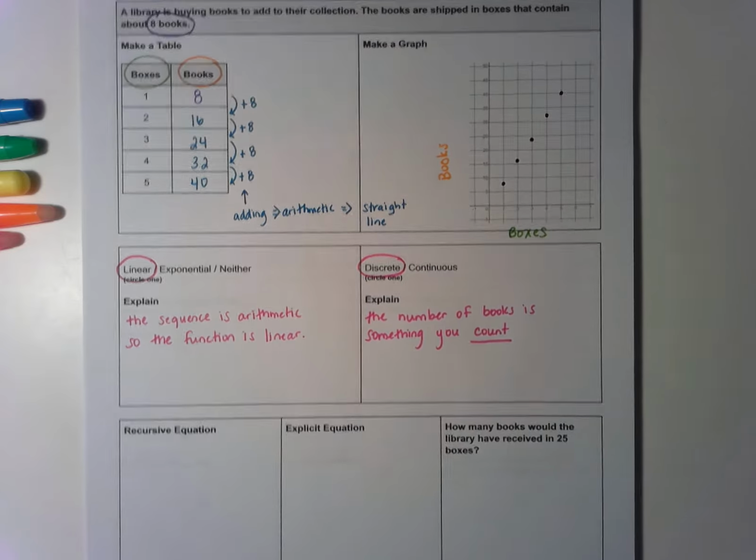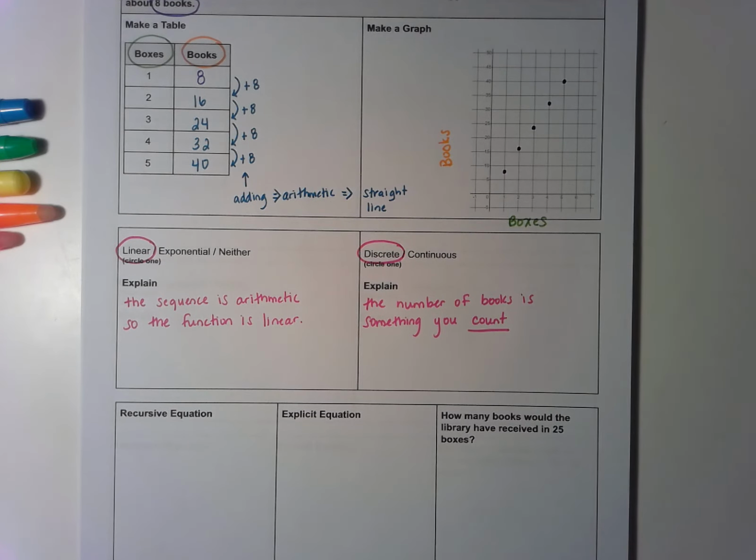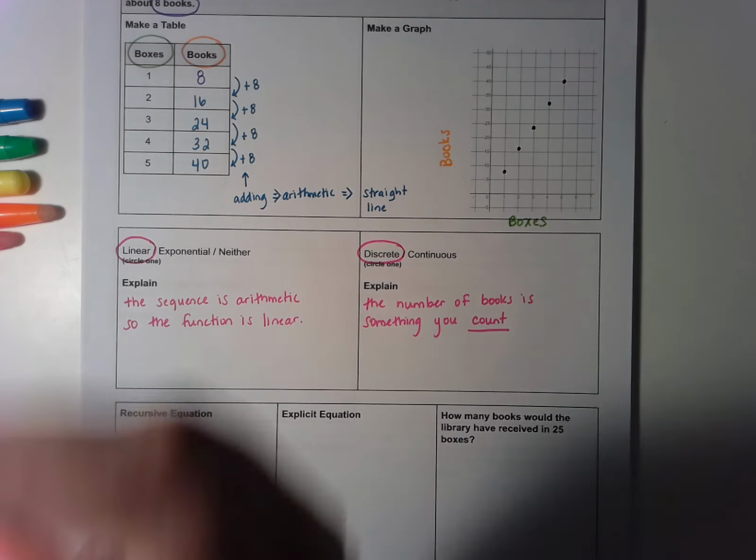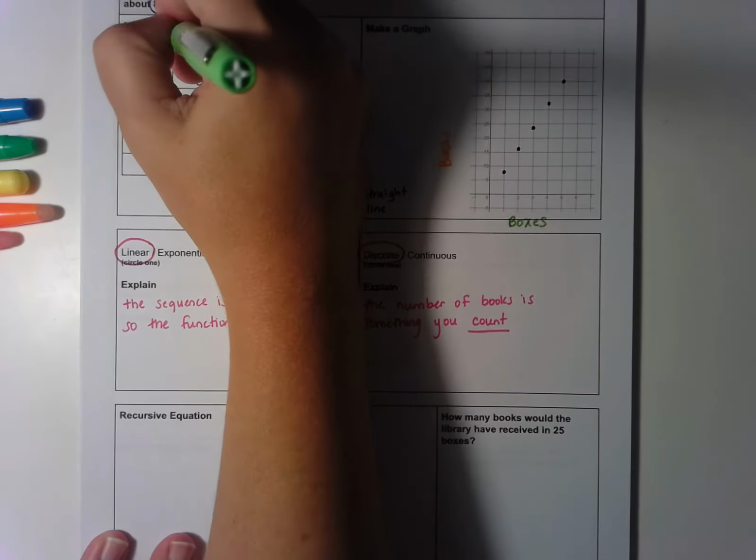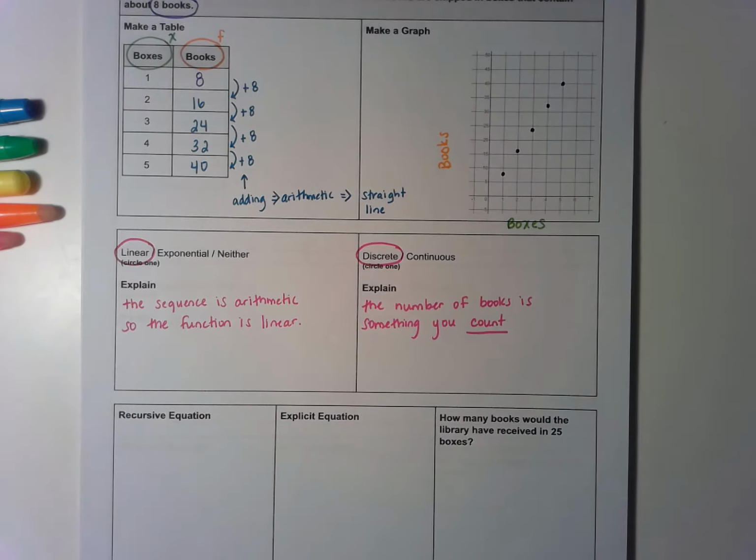Finally, let's write some equations. For a recursive equation here, I'm going to use f of x as my variable. I don't want to use b because I would have to use b for both, and that would be really weird.